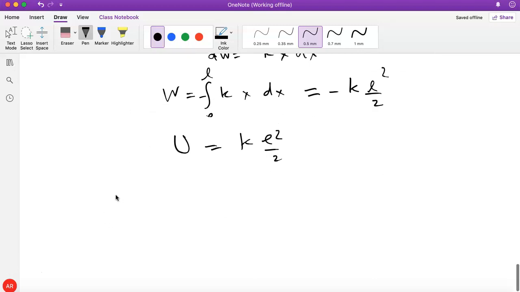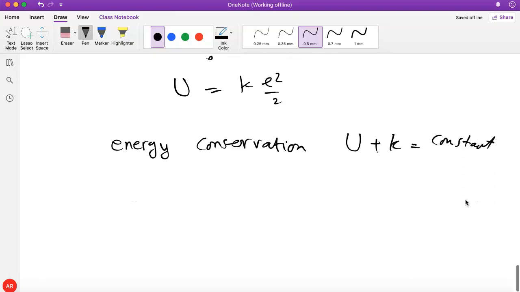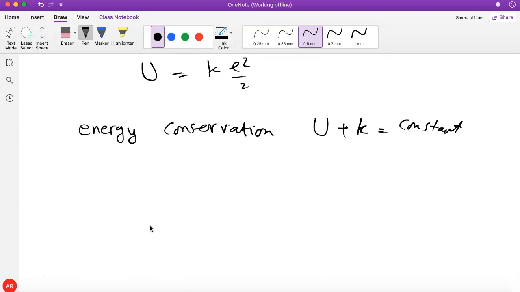So energy conservation, if there is no friction or anything like that, should say that U plus K is constant. Right? So let's check this for simple harmonic motion.